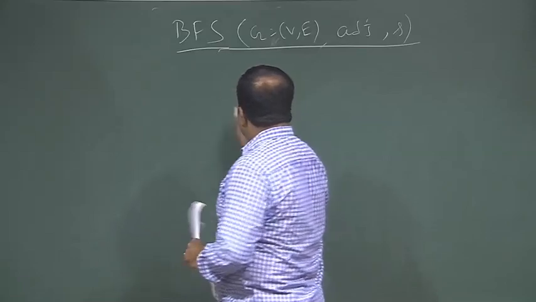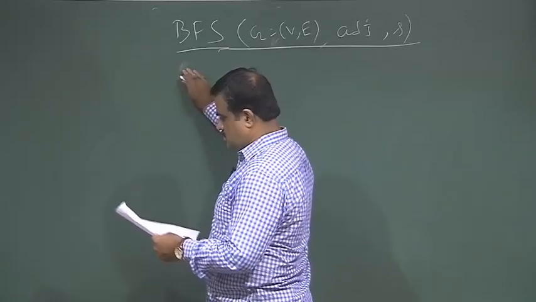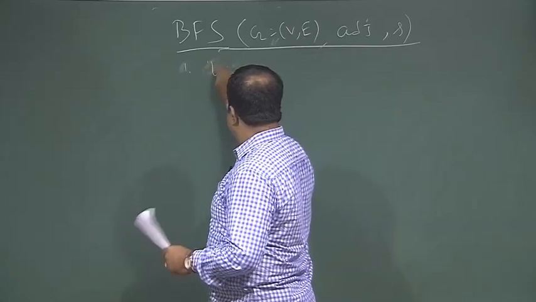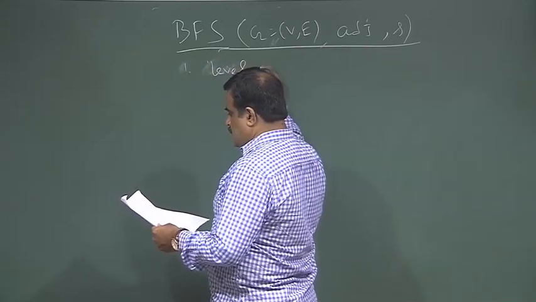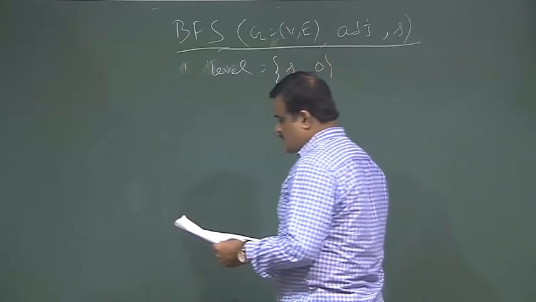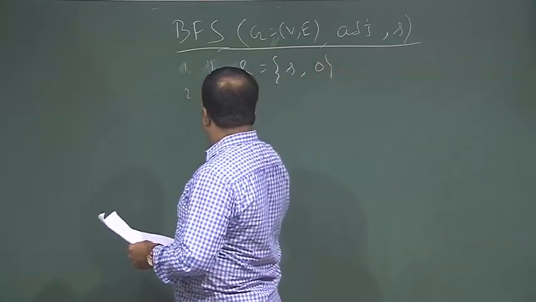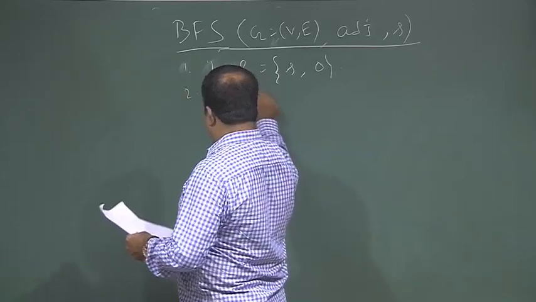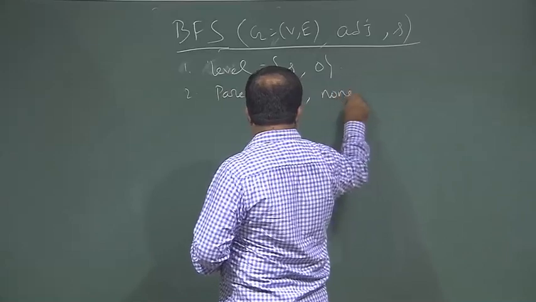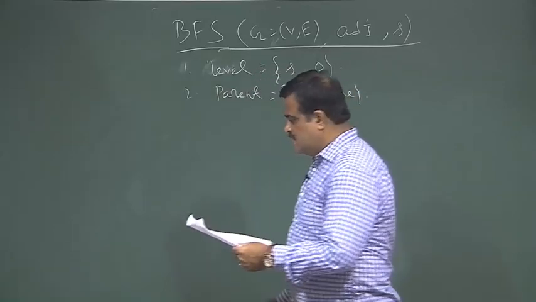So, what do we do? This is the code. We label the vertex S as 0 and the parent of S as null, because that is the starting vertex.